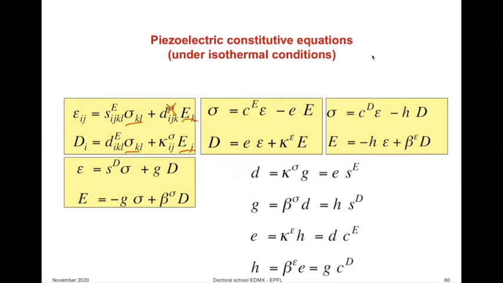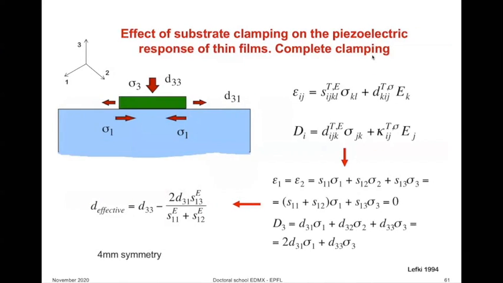You can use any of these four sets of constitutive equations, depending on which one is most convenient for your experiment. And now I would like to show you one specific example of why you have to use the full constitutive relationship, and how you can get a lot of information about your system.